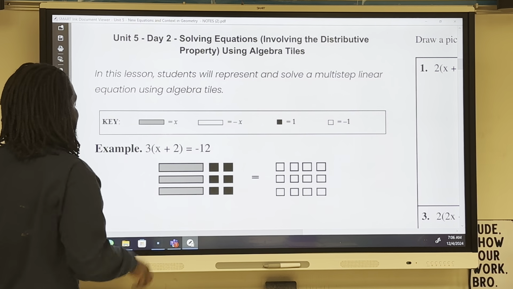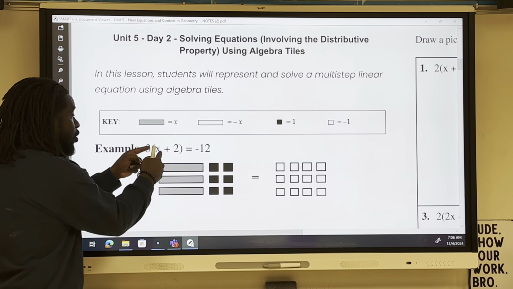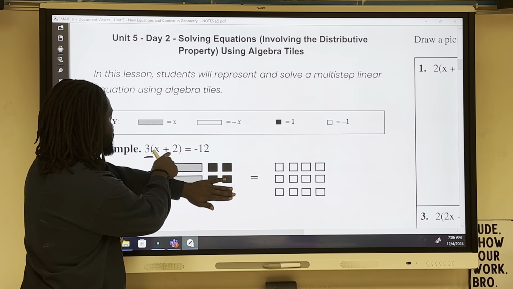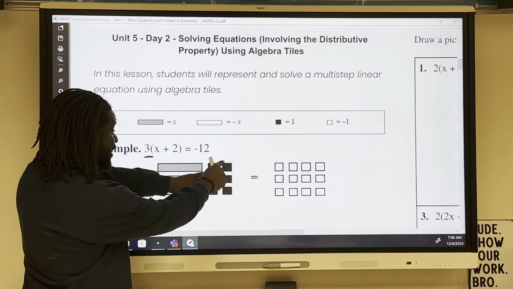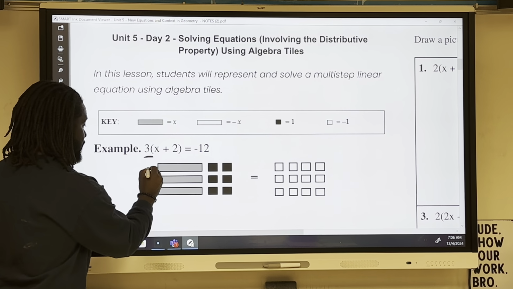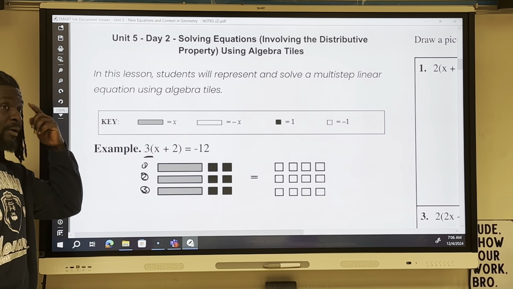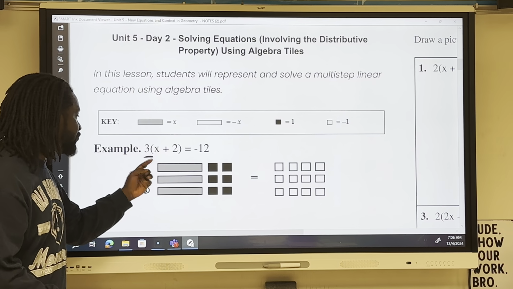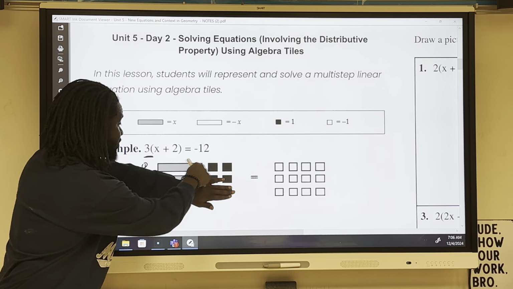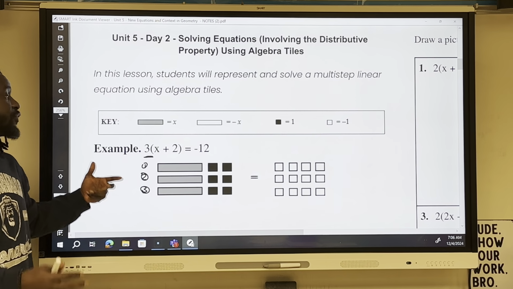I want us to think about that number on the outside as saying 3 groups of x plus 2. So this is x, this is plus 2, and I just have 3 groups of it. When I think about distributing, I'm saying that I have 3 groups of x plus 2. That's x plus 2, that's x plus 2, that's x plus 2.